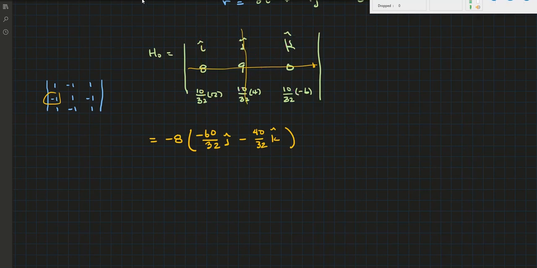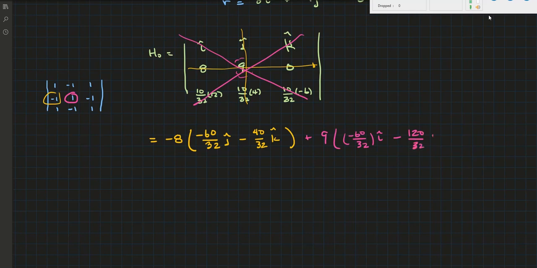Next, we'll take the cofactor based on this 9, which is positive because of its position, and our minor matrix is these outside terms. Again, we have minus 60 over 32 times i this time, and then we're going to subtract off 120 over 32k.